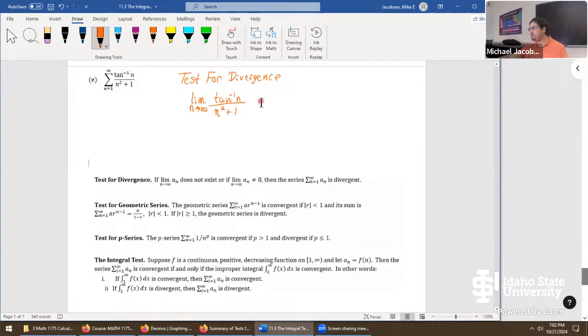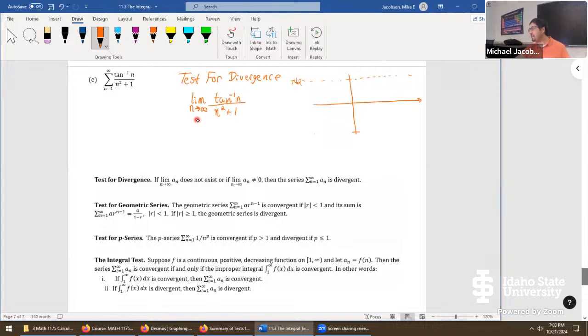Now, to think about this limit, we need to know what happens in the numerator, tangent inverse n. So here's a quick graph. When you go towards the right end, because we're taking the limit as n goes off to infinity, the relevant graph looks like this. We might as well put all the asymptotes on, why not? There's a horizontal asymptote at height pi over 2.